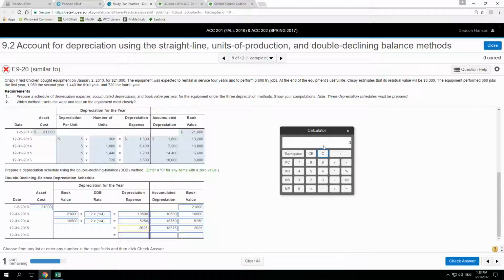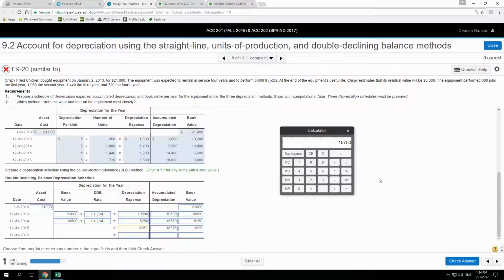So I've got to figure out what number I need to put in here to bring this down to 3,000. Nothing beyond 3,000. The easiest way is to take your 5,250 minus 3,000. You can only take 2,250 worth of depreciation expense. If you take any more than that, you're going to go below 3,000 in book value.